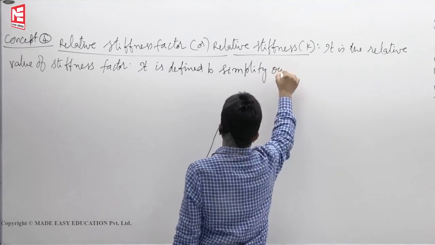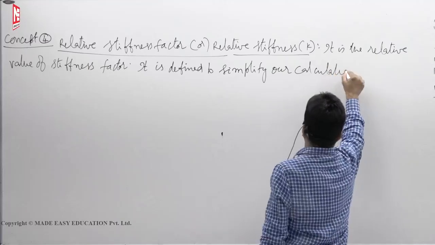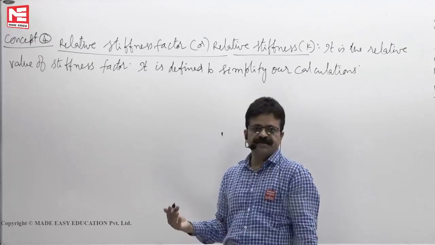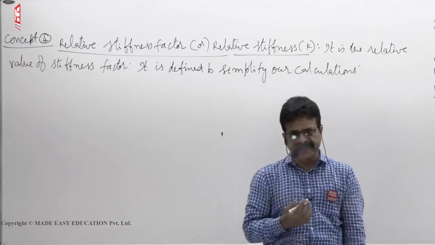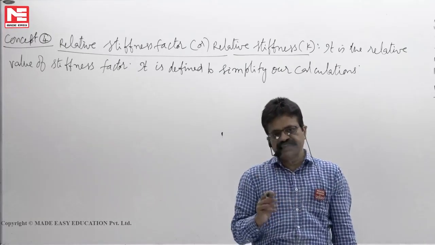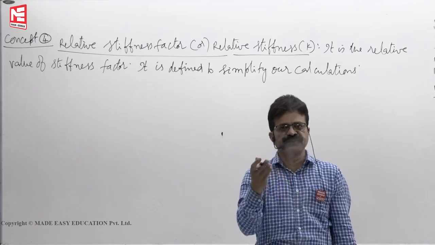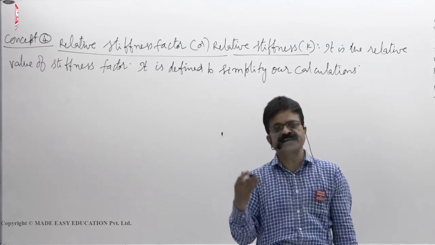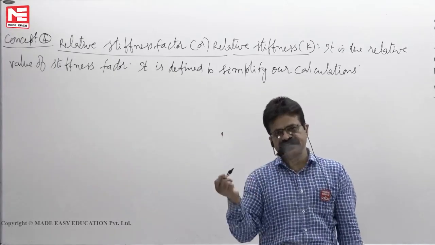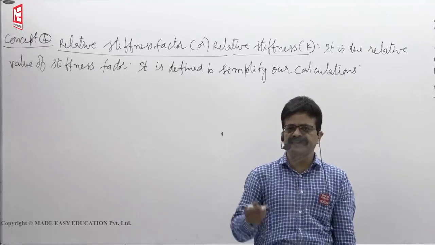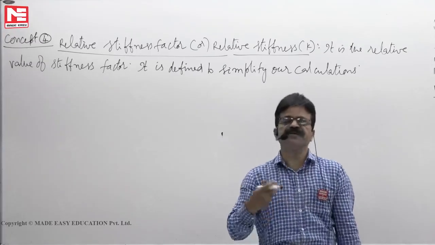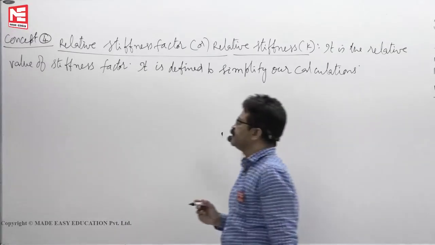What calculations do we want to simplify? In the next concept, we will get a concept called distribution factor. There you will get the stiffness factor divided by the sum of the stiffnesses. There we remove the 4E by L and write it as I by L. Its relative values we will write, so that we don't unnecessarily write 4E by L plus 3E by L in the denominator, and again 4E by L will come, cancel it out. Instead of unnecessarily writing and cancelling and wasting time, you directly write the relative values like this.